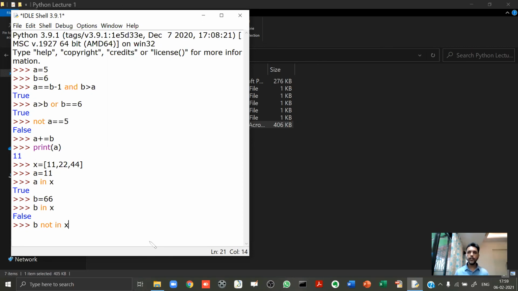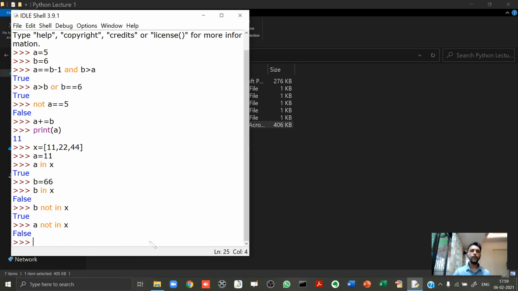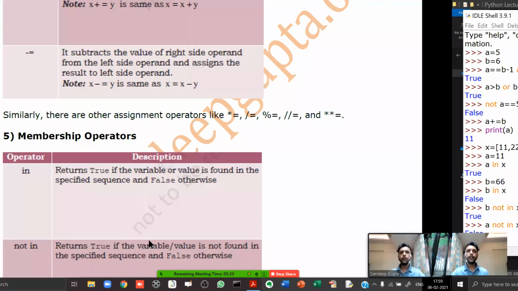Now ask yourself, is b not in array x? The answer is true. It is not in array x. You get this. Finally, tell me what is the answer of this? The answer is obviously false over here. So guys, over here, what we did is we did two more operators, that is membership operators.